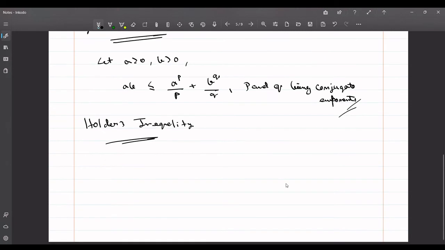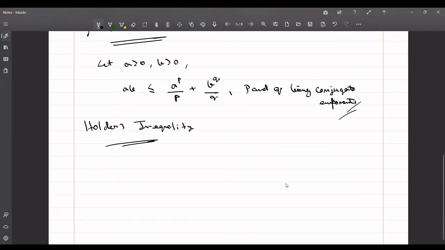Let us first define Holder's inequality using the definition. Then we will pretty easily understand what the norm is for that.